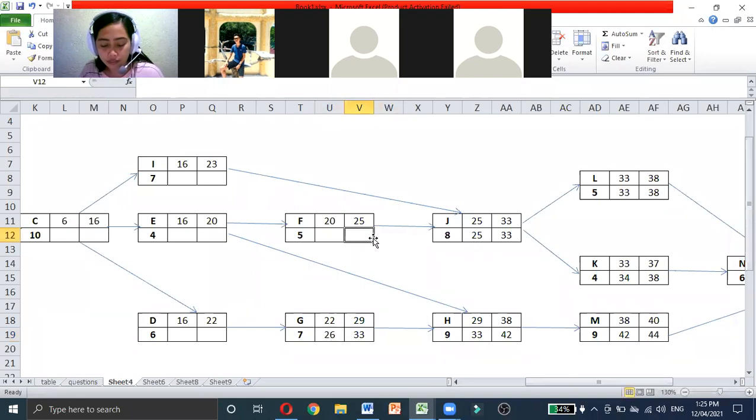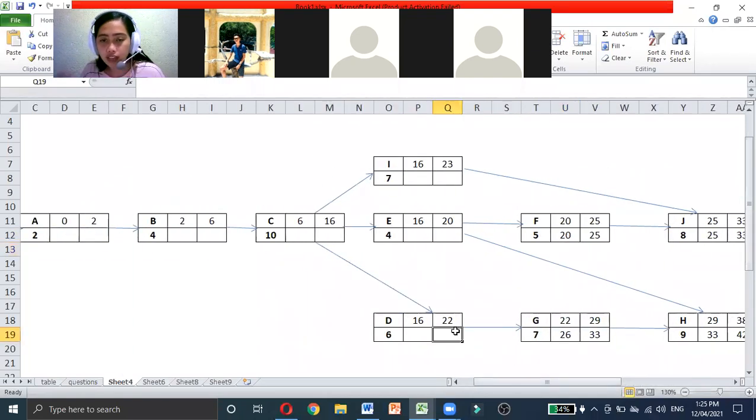How about F? 25, and then 20. Next, let's have activity D. 26, and then here, 20. And for activity E, 20 and 16. How about activity I? 25, and then minus 7, 18.